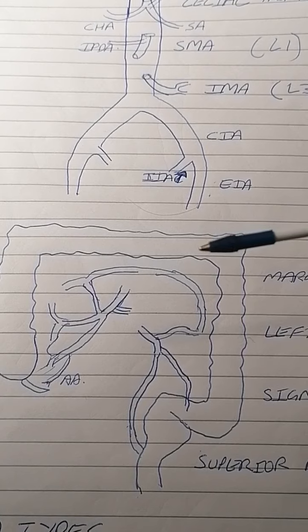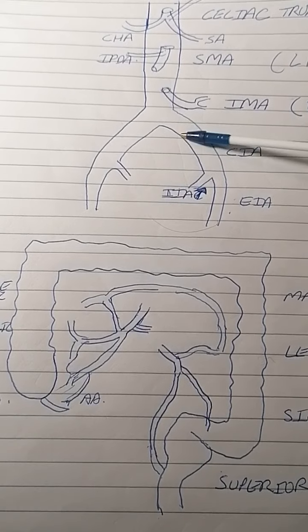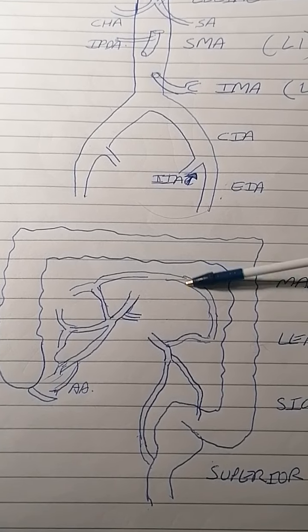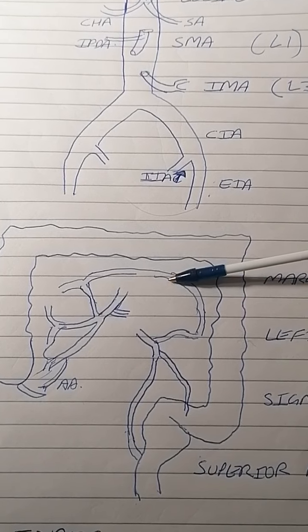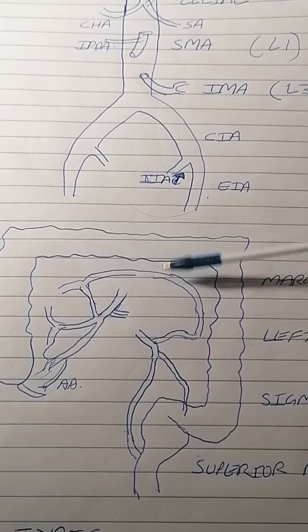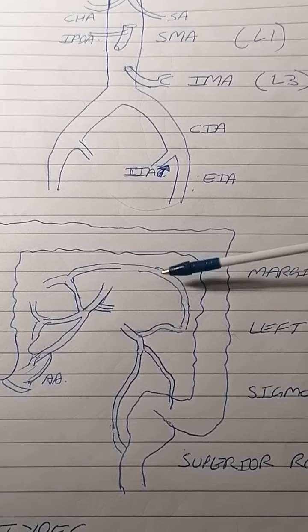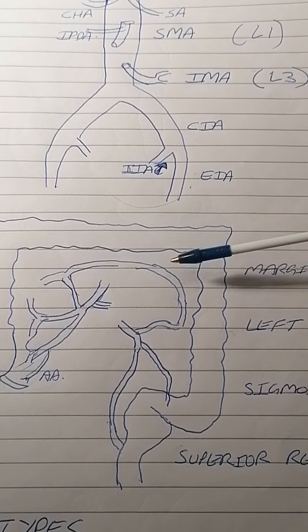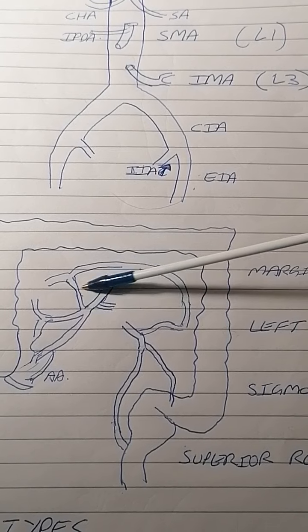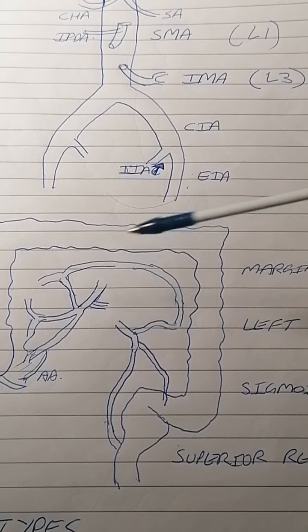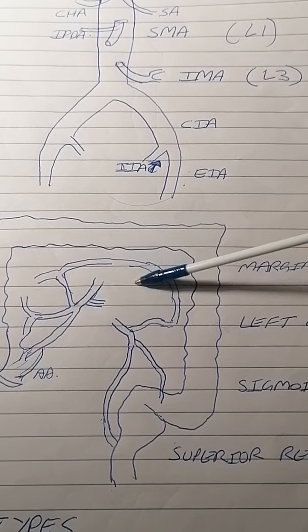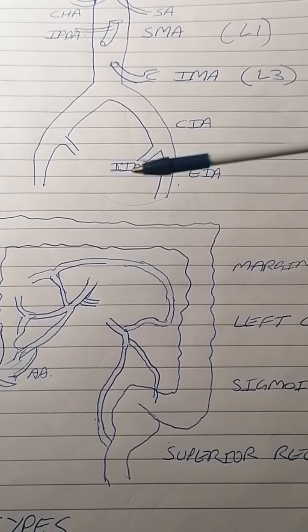Because what happens is, in chronic mesenteric ischemia, suppose the occlusion is somewhere here. Now this occlusion is chronic. It's not sudden. So there would be collateral vessels formed, and those collateral vessels would help to compensate for that occlusion.